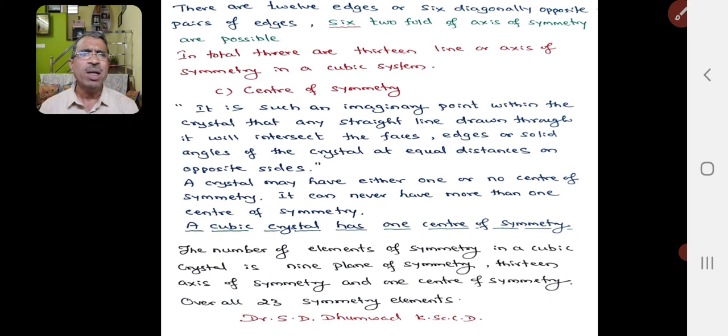Generally a crystal never has more than one center of symmetry. The number of elements of symmetry in a cubic crystal is 9 planes of symmetry, 13 axes of symmetry and 1 center of symmetry. Overall, 23 symmetry elements.